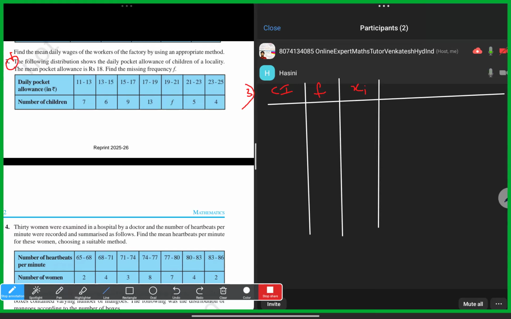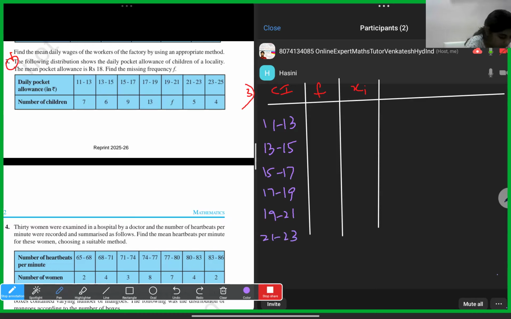Once I'm writing the values, the class interval values are 11 to 13, then 13 to 15, 15 to 17, 17 to 19, 19 to 21, 21 to 23, 23 to 25.